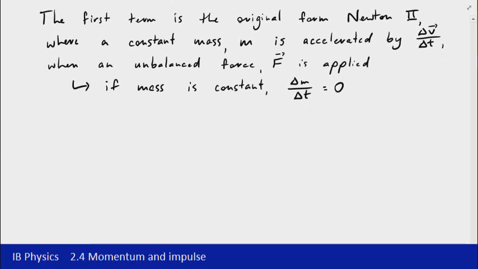I want to have a look in a little bit more detail at that second term now though. You can see that the second term does deal with the change in mass. So the second term accounts for scenarios where mass is also changing.